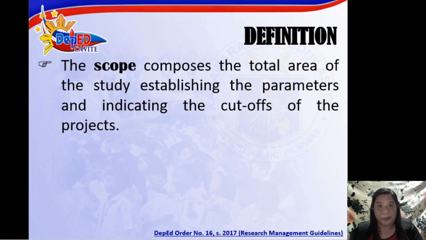So what you will do is to just narrow down the scope into a certain target population. Let's say if you're from the junior high school and you are teaching grade 7 level, you will then consider the grade 7 learners, their parents, and their teachers as the participants or respondents of your study.